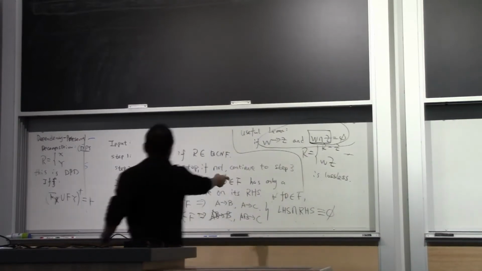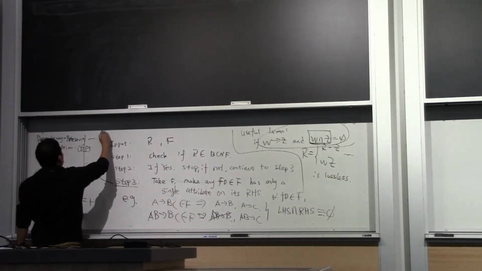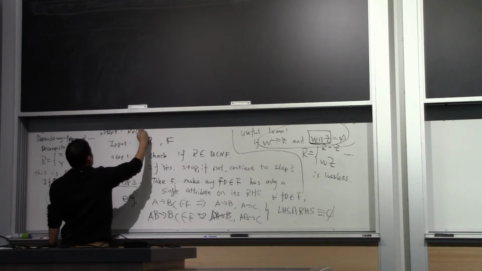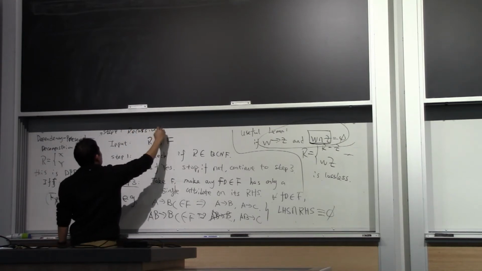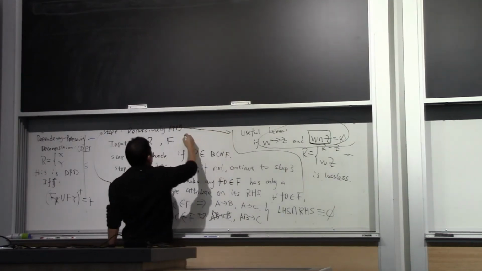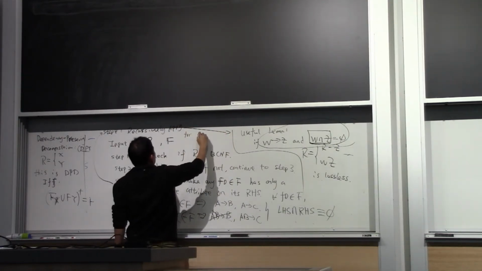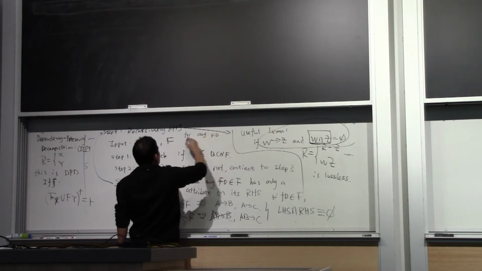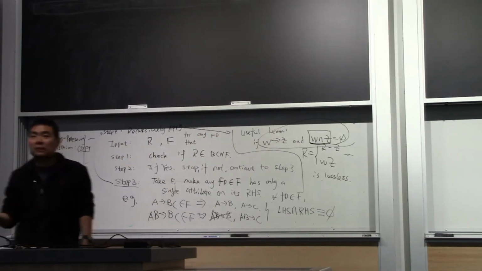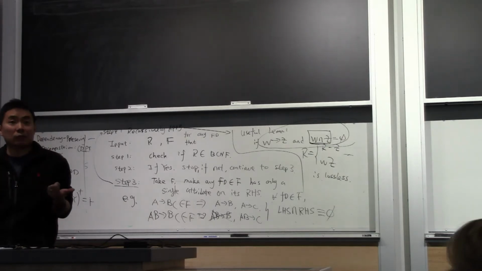So step 3 is this, step 4, you just recursively apply this for any functional dependency that, of course, you don't have to do this for functional dependency that satisfy the BCNF requirement.